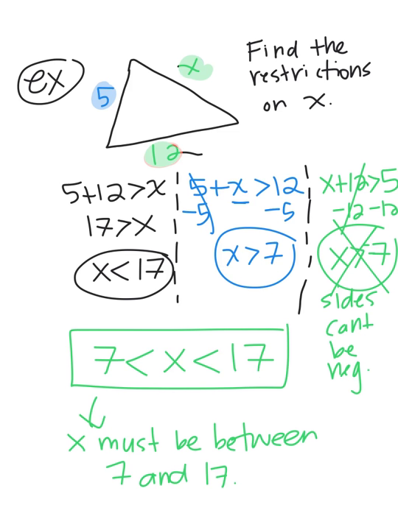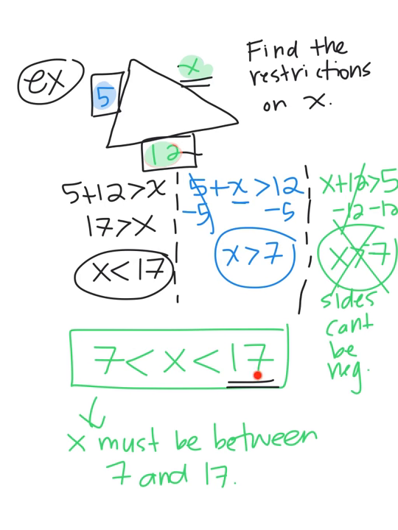All right, now you guys will be happy to hear that there is an easier way to do this. Look at your original three numbers, 5, 12, and then this mystery number x. Now look at our number right here, 17. The biggest number x can be is 17. Forget all of this math.